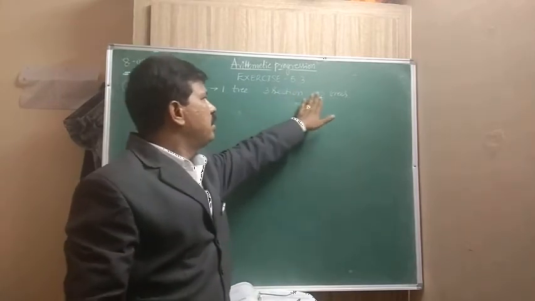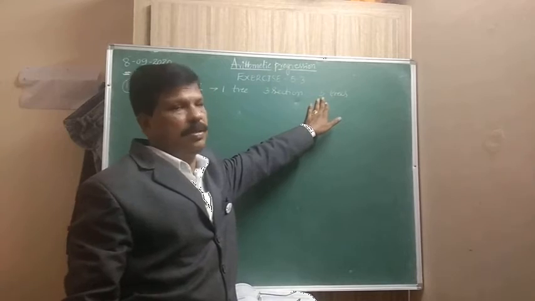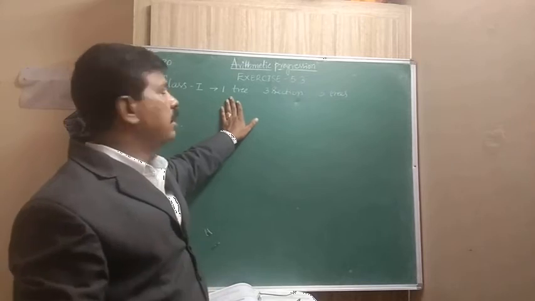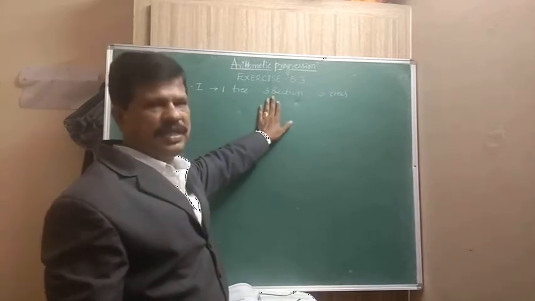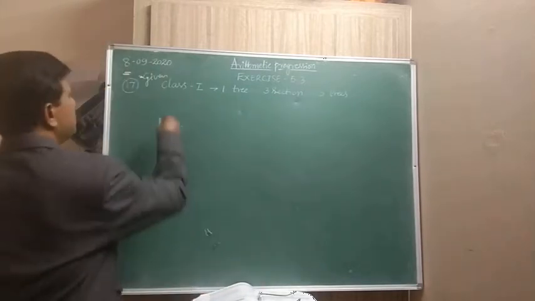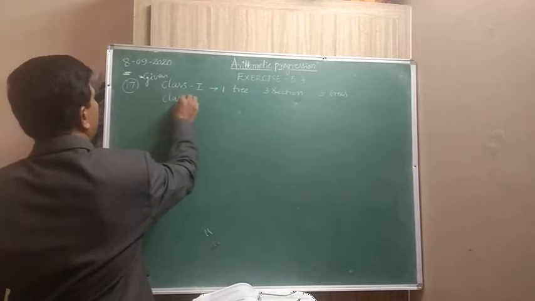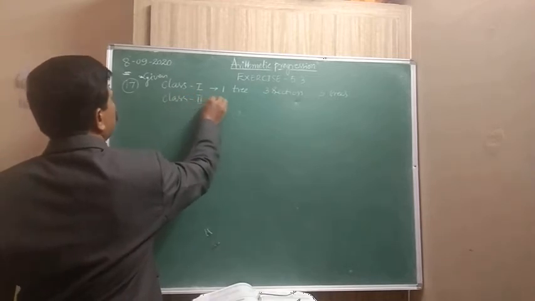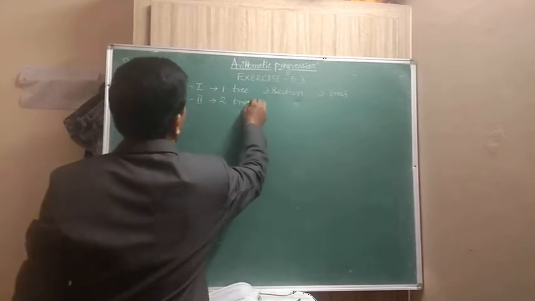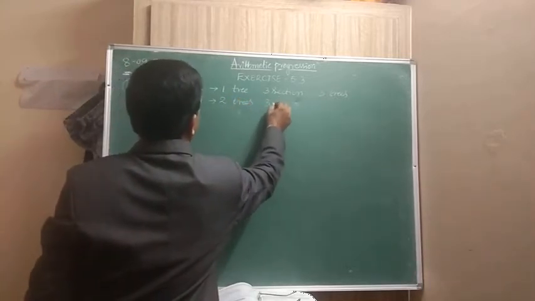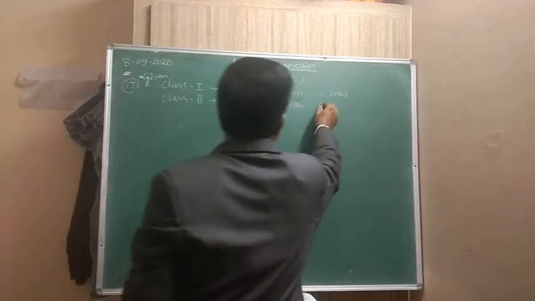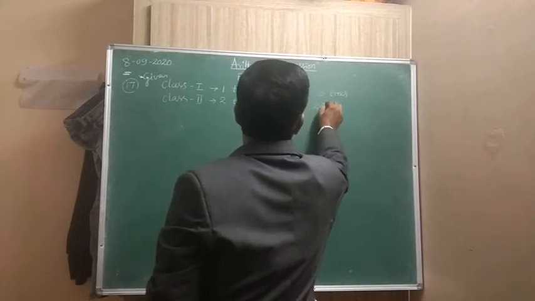3 sections is equal to 3 trees. 1 class, 1 tree according to the given statement. So there are 3 sections, therefore 3 trees they are planting. So like this, class 2. So they are planting 2 trees. So 3 sections. So here is 2 into 3.